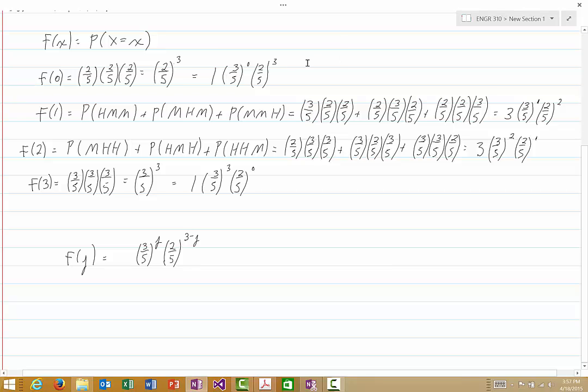Well, if you will recall from an earlier lecture, remember that this symbol, 3 over j, is read as 3 choose j, and it's equal to the number of ways to choose, without replacement, j objects out of 3 objects.